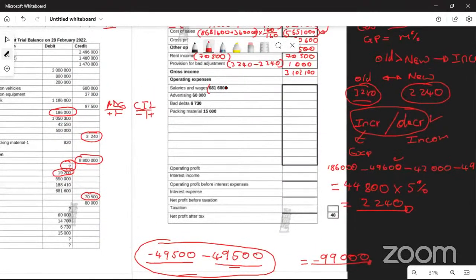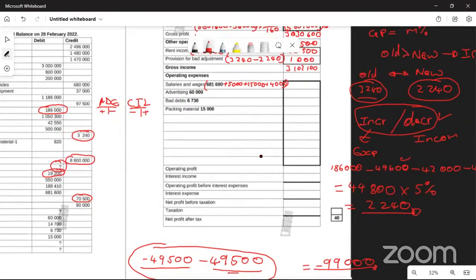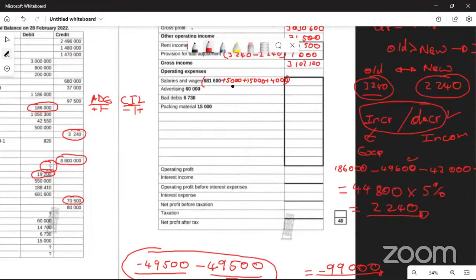We add the deductions, which are 5,000, back to the net salary, which was 15,000, and on top of that we add the contributions by the company, which was 4,000 rands.